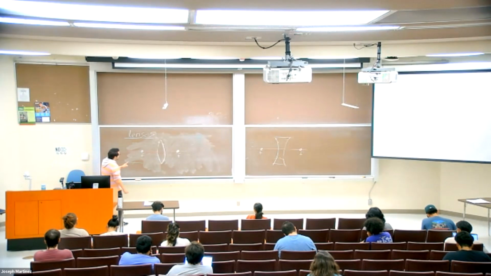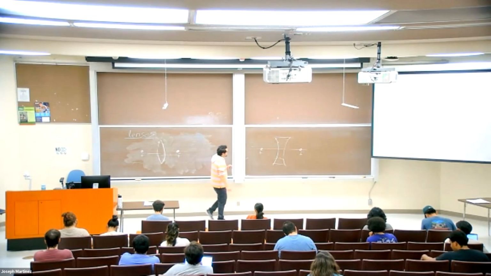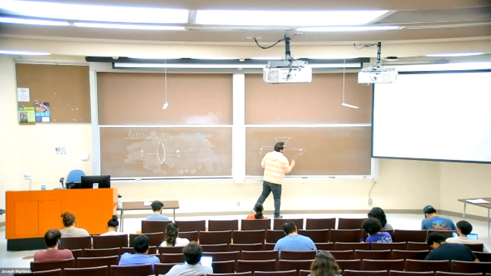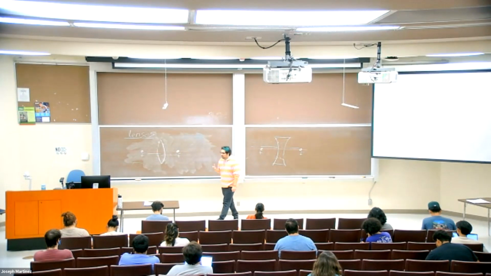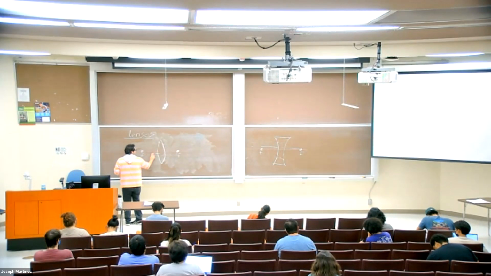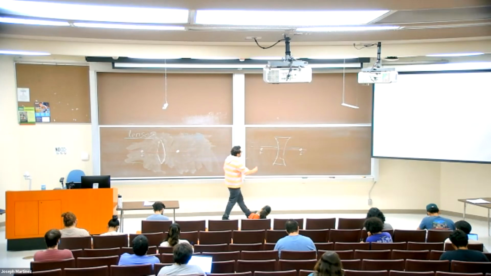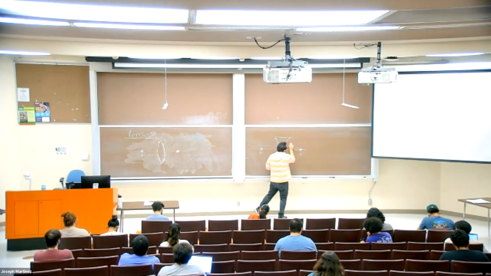So both the distance between here and here, and the distance between here and here, those are going to be the same distances. So we have our foci. We want to see how these two lenses will behave.